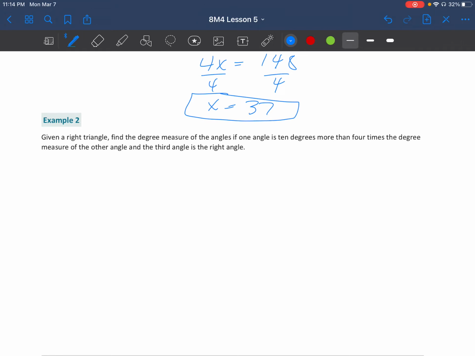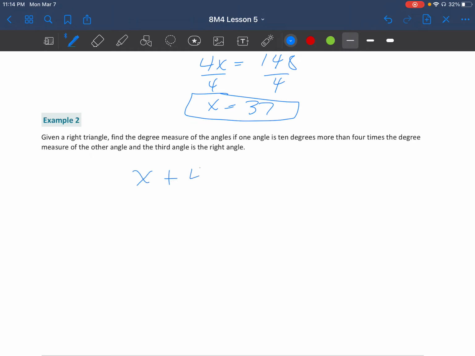Example number 2. Given a right triangle, find the degree measure of the angle if one angle is 10 degrees more than 4 times the degree measure of the other angle, and the third angle is the right angle.